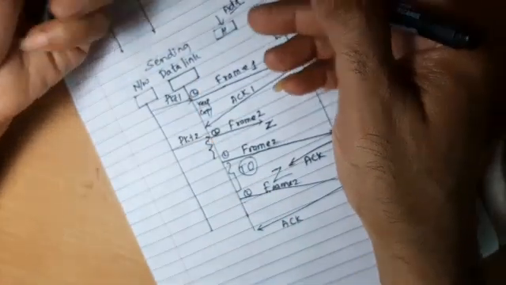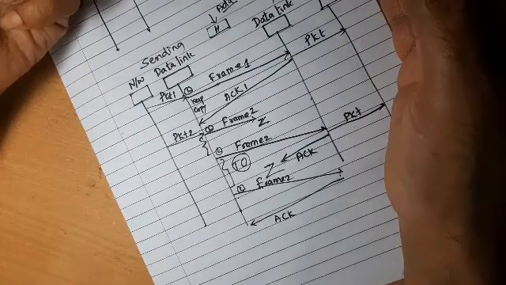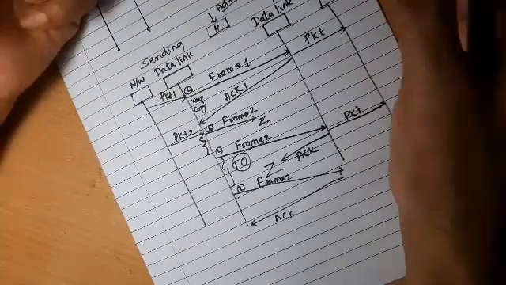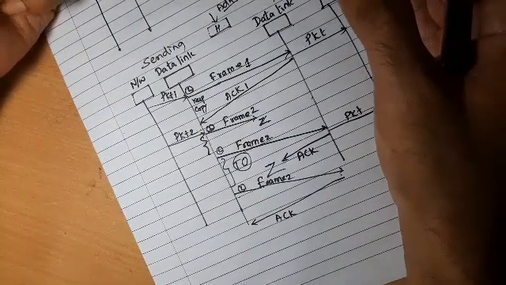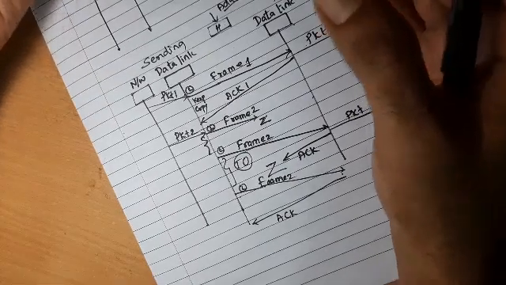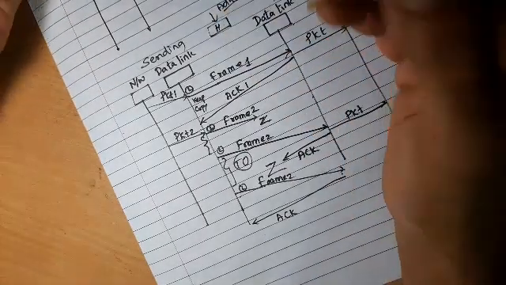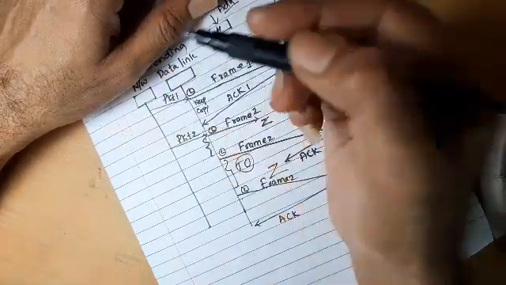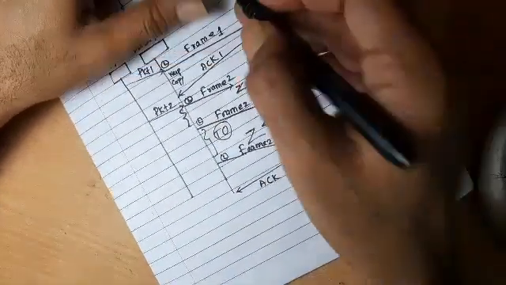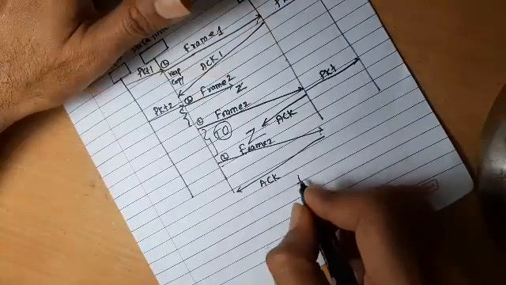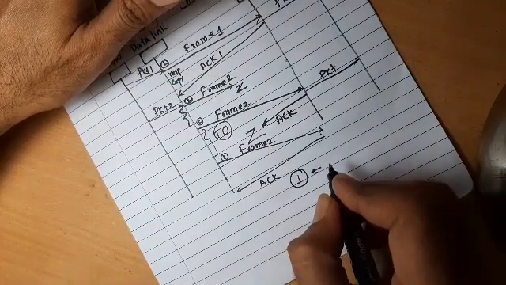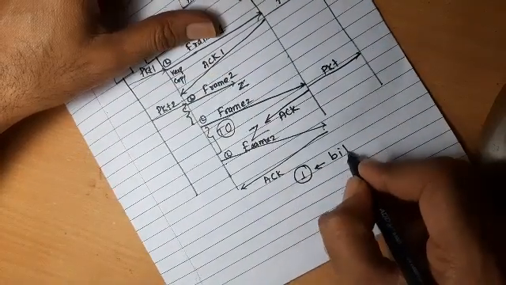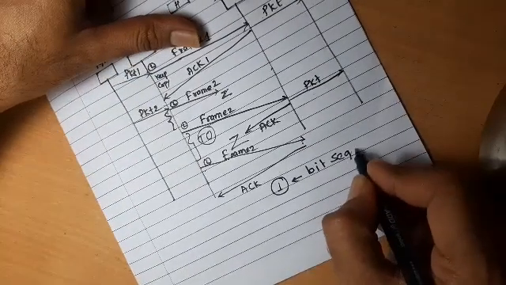Now the question is, what should be the length of the sequence number? Whether it is 16 bits, 32 bits, 10 bits, or 5 bits. Normally in stop and wait, the length of the sequence number is 1 bit. Just keep it in mind.